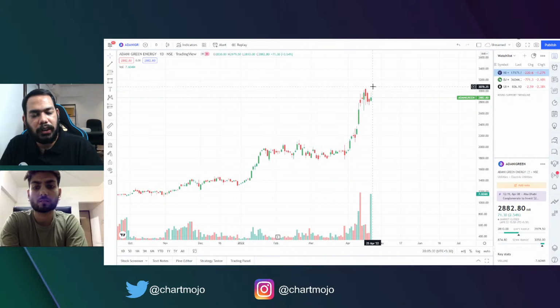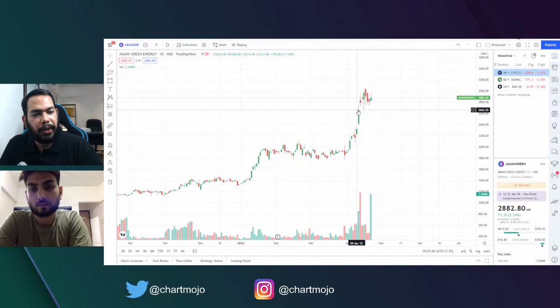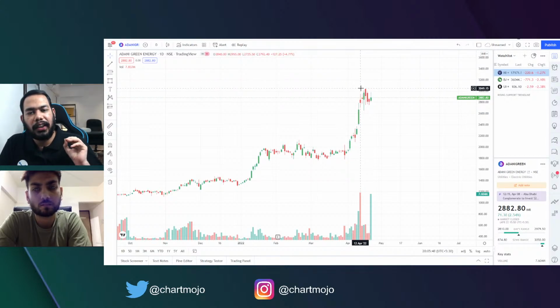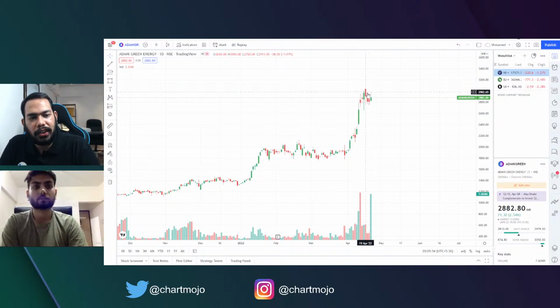Okay, your position. If someone wants to make a fresh long in this, your stop loss will be this candle low, 2670, and your buy trigger should only happen when this particular counter gives you an upside movement of 3050. So one should wait for a breakout in this slight consolidation happening.